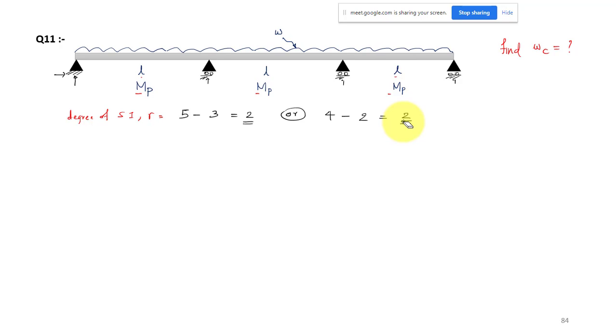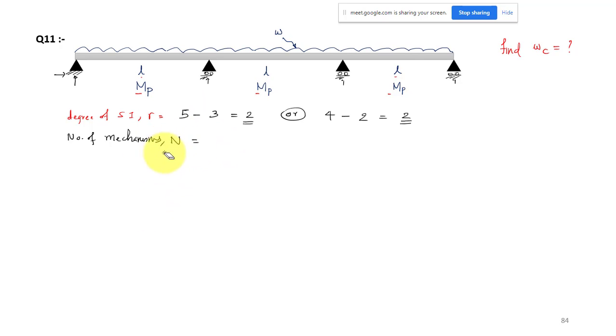Okay, so now we will see the number of possible mechanisms. How many mechanisms are possible in this structure? I'm not using that symbol.